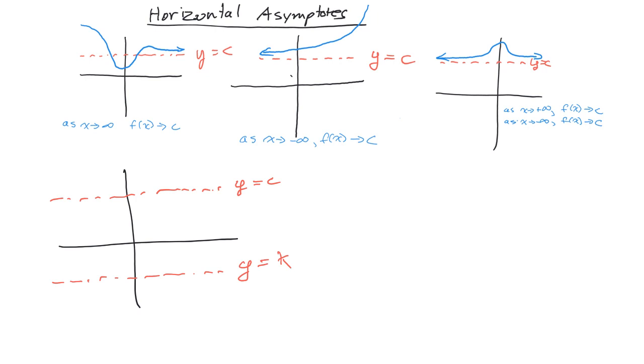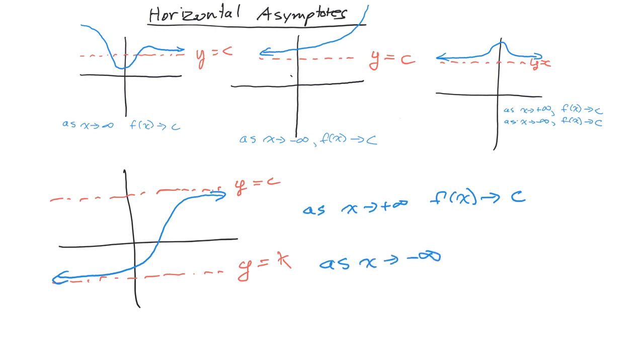Imagine if I had a graph that looked like this and went like that, right? For one side, as x goes to positive infinity, f of x goes to c. As x goes to negative infinity, so that's us traveling this way, it eventually turns into k. So you'd say f of x looks like k in the end.